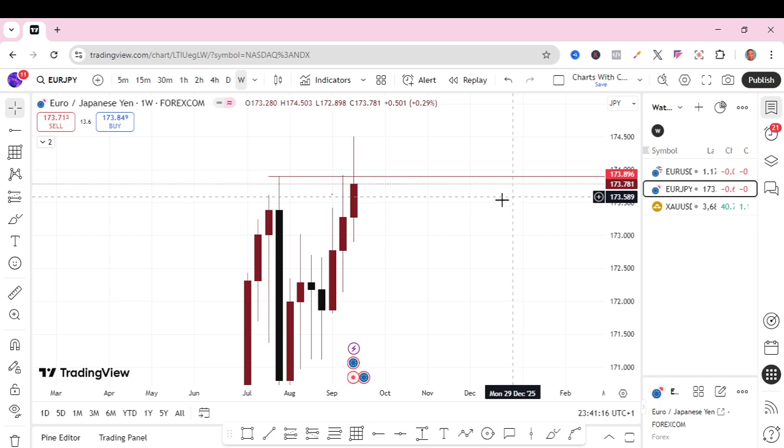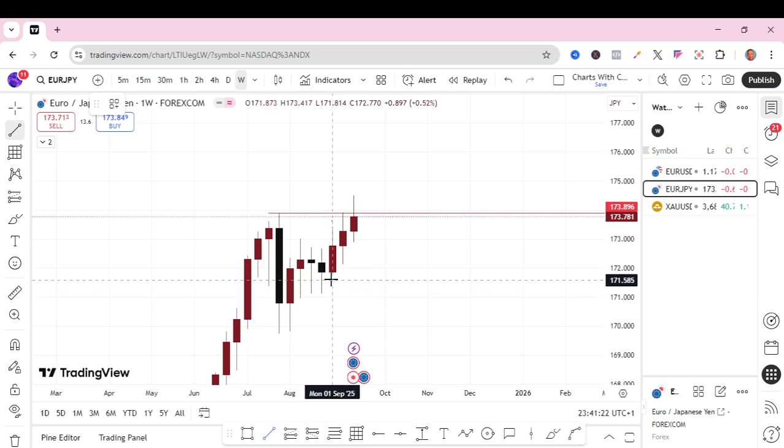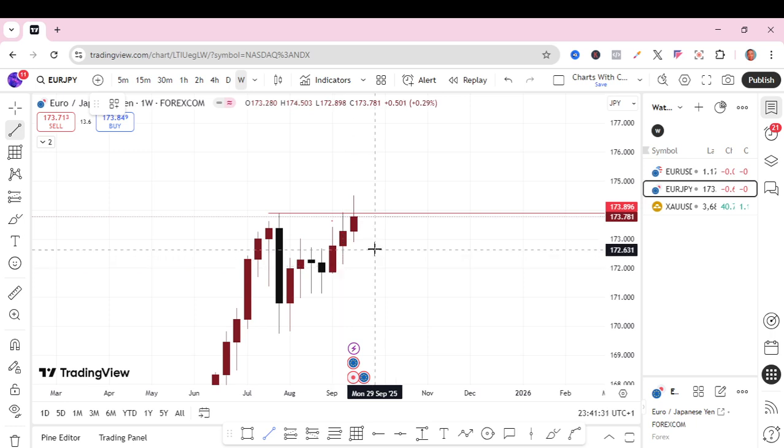And if you watch closely, we've been protecting this low, the weekly lows, right? This low is a protected low, this low is a protected low, because price has been protecting this low basically, right?